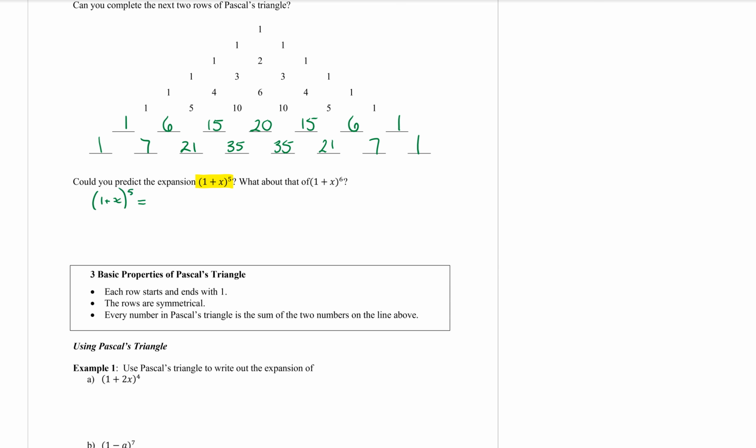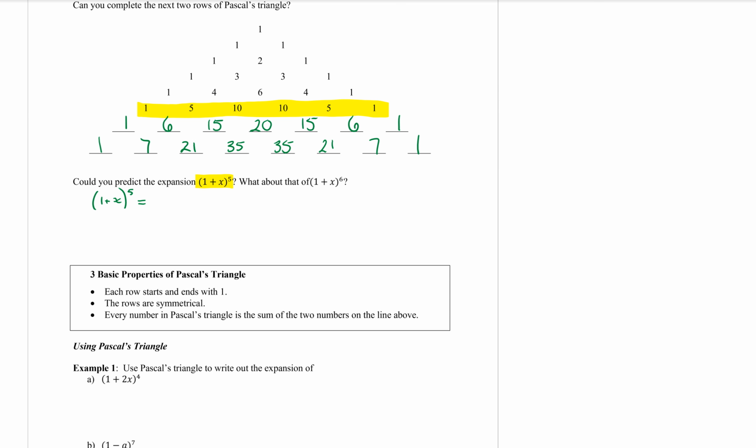That means I'm going to use the 5th row down here, the one with the 5 in it. It's actually the 6th row because the first one is my power of 0. But the one with the 5 in it is going to be the coefficients that I use to expand this out.